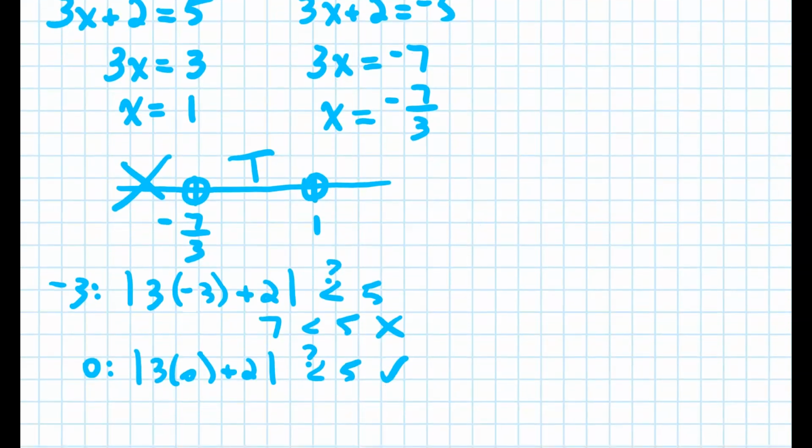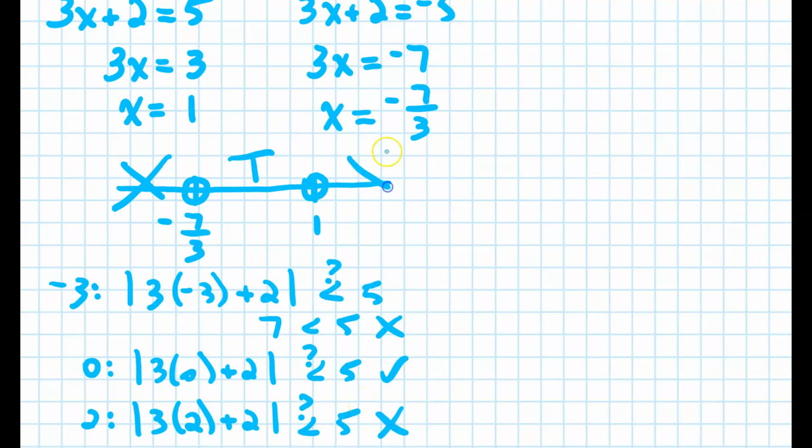It's still a good idea to check that third region, because sometimes you make a little arithmetic error and you don't catch it until you get down here and realize something's not adding up. What's a nice easy value to the right? 2. The absolute value of 3 times 2 plus 2, is that less than 5? It is not. That's a good sign.